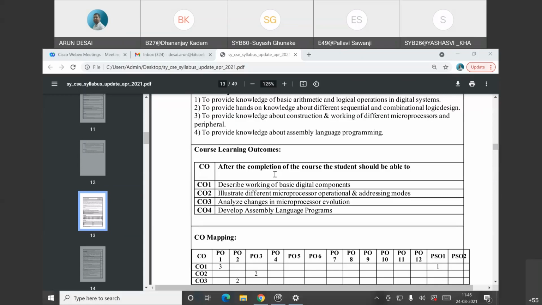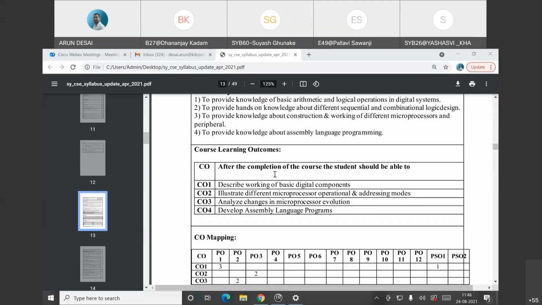Your second CO is to illustrate different microprocessor operations and addressing modes. Third is analyzing changes in microprocessor evolution, and fourth is develop assembly language programs. Those are the 4 outcomes related to your syllabus.